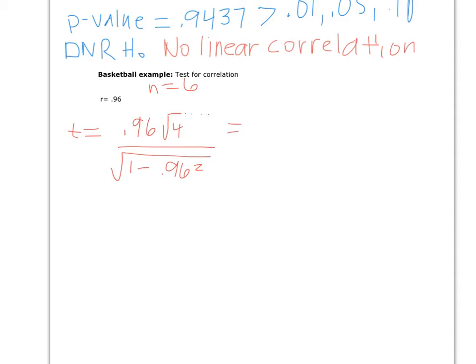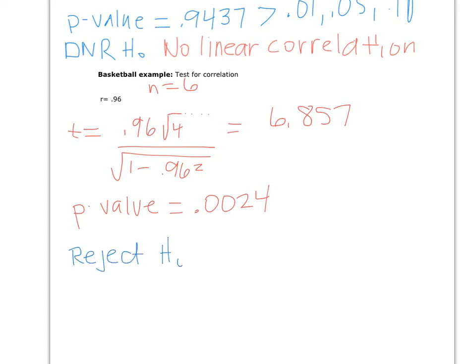That gives us a test statistic of 6.857. I'm sure you're seeing the pattern that when we have a really large test statistic, t-value, that's going to give us a small p-value. In this case, if we look that up, we get a p-value of 0.0024.